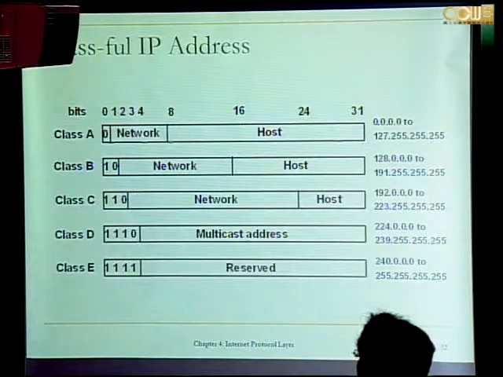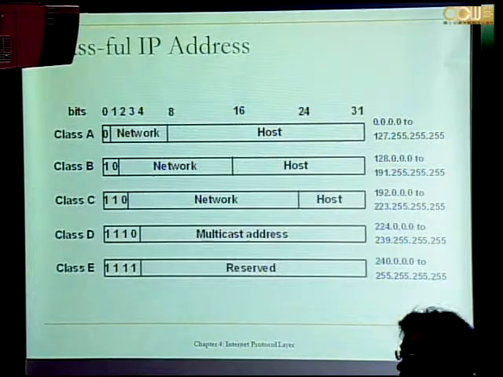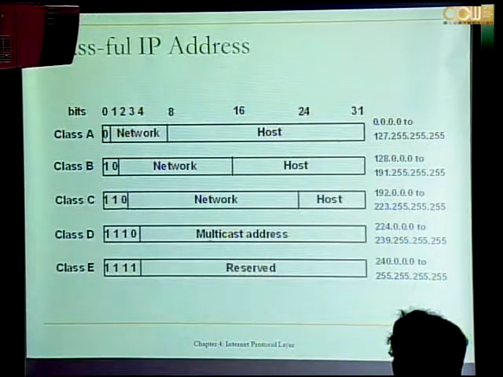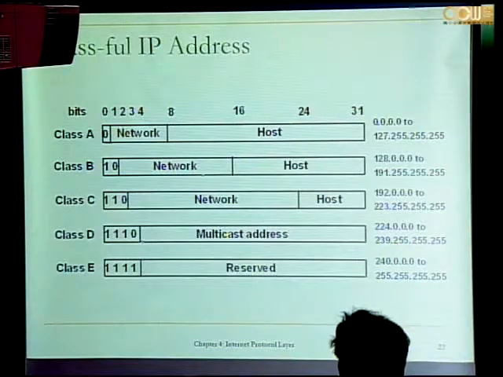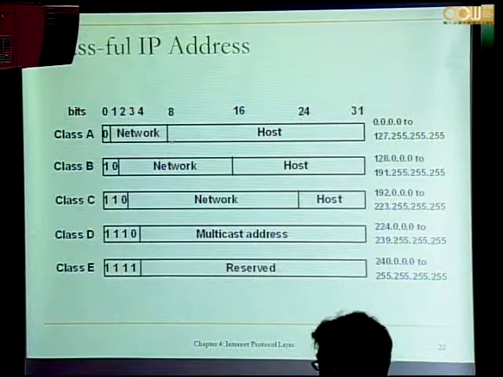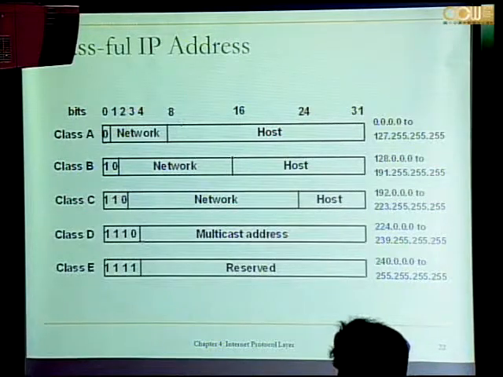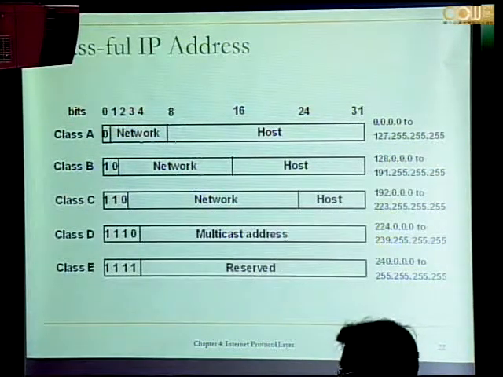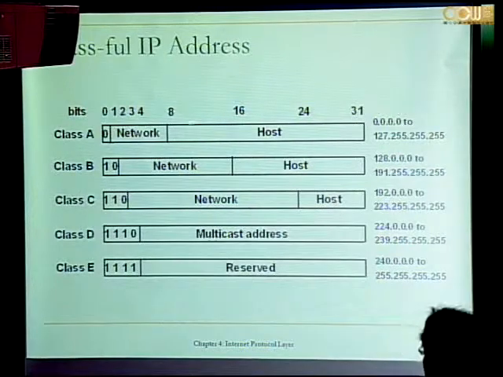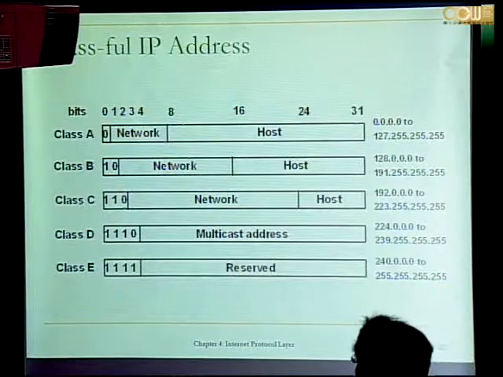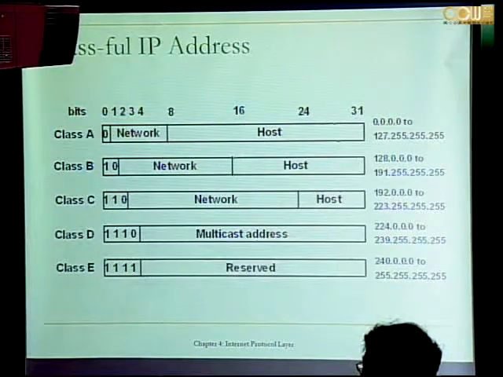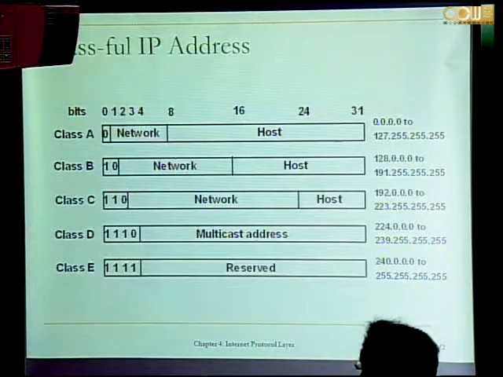However, for class B, the network is also big, but not that big, with each network having about 65,000 host addresses. Okay, that's for class B. And class C is a large number of tiny, small networks.